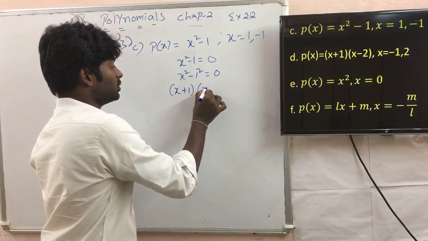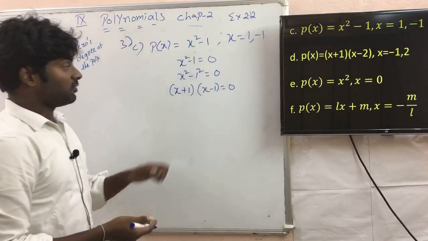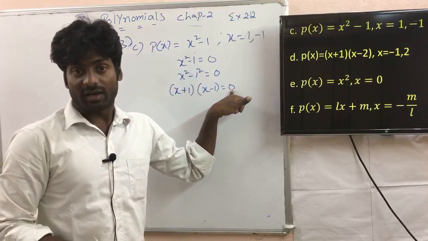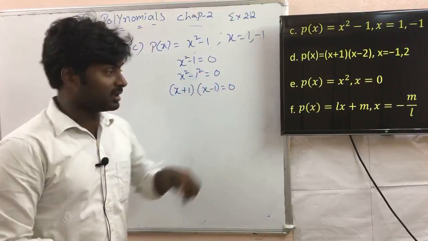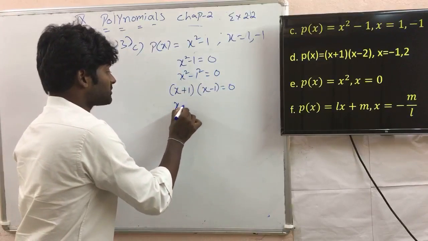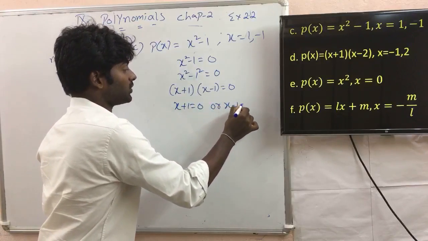A plus b into a minus b equals to 0. That means, observe carefully, whenever the product becomes 0, either one of these terms should be 0. That means x plus 1 equal to 0 or x minus 1 equal to 0.